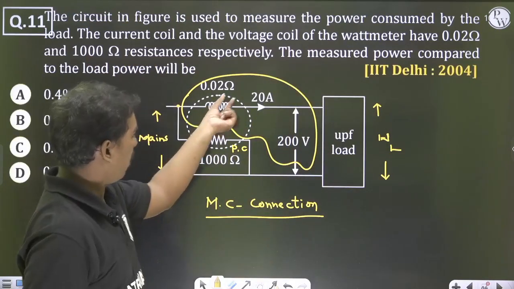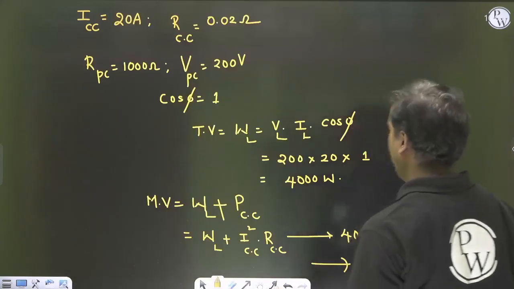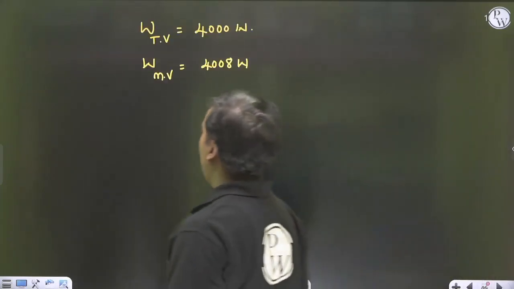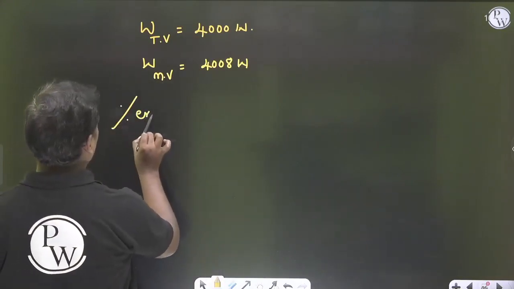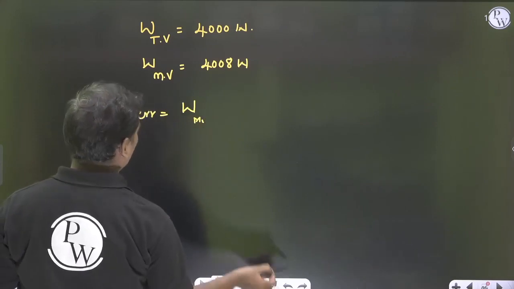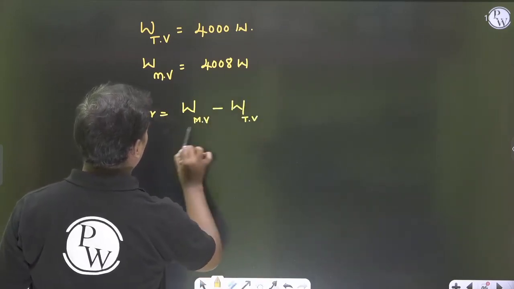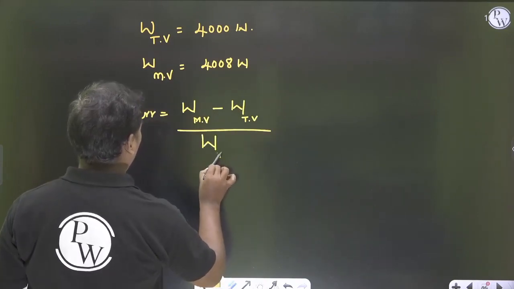So percentage error means measured value minus true value, divided by true value, into 100.